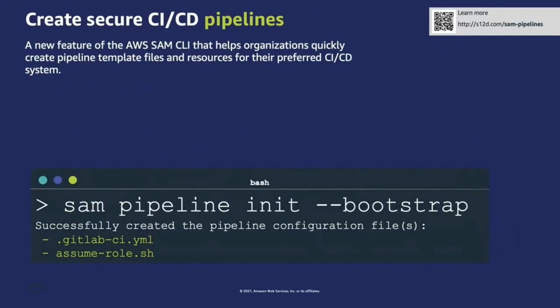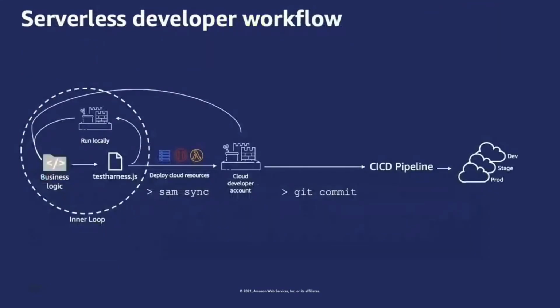And actually, there's a fairly new implementation of the SAM CLI called SAM Pipelines, which helps me create an entire CI/CD pipeline and all the AWS infrastructure that is required to run that pipeline as well. And this integrates directly with GitLab, with Jenkins, and with GitHub Actions, and with Code Commit too. So that's something certainly worth checking out, but I don't have time to demonstrate that in this particular talk.